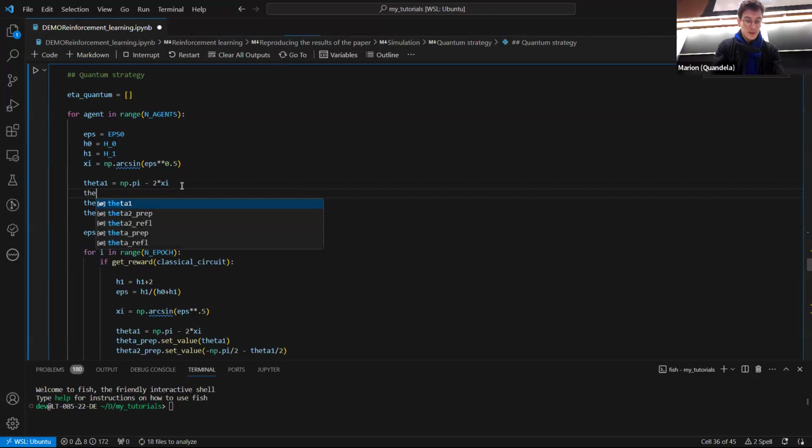Theta one, theta two. So in the quantum strategy, we have two angles. We have the one for the state preparation and the one for the reflection. For the reflection, it's minus 4 psi. I remember well.